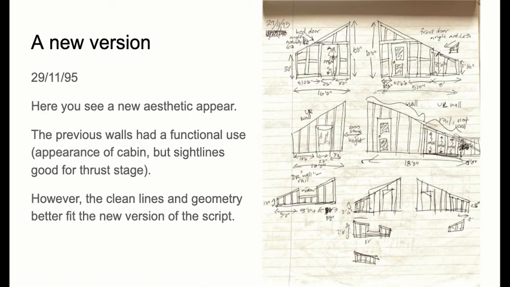All right, so here in November, you see kind of a new aesthetic appear. Instead of those crumbly walls with the functional use, so it looked like the wall of a cabin, we see a little bit more geometry involved. There's clean cut lines, and the new version of the script kind of fits this idea of a cabin better than the other version.